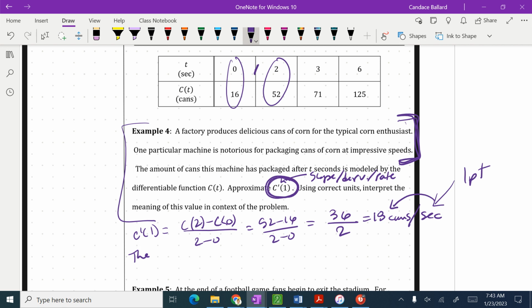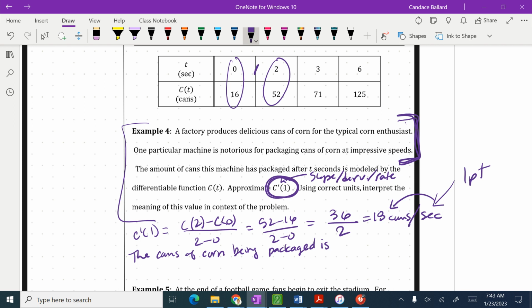So the cans of corn being packaged is, and then I need to determine if it's increasing or decreasing. Look at your answer.